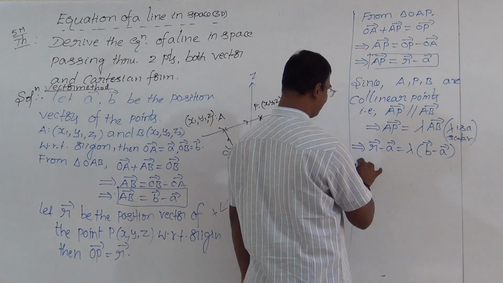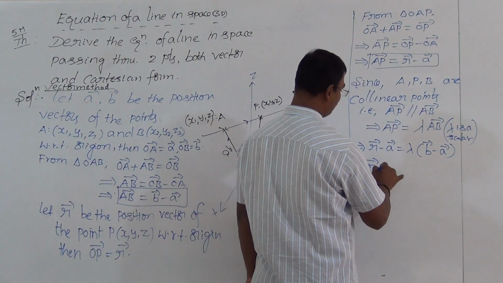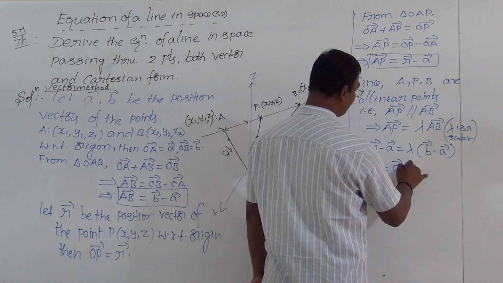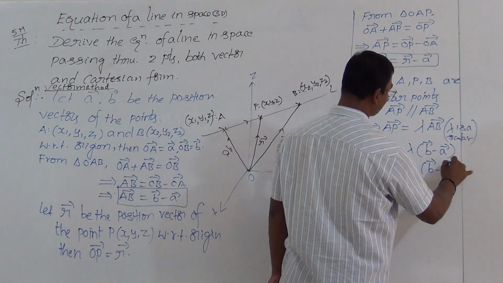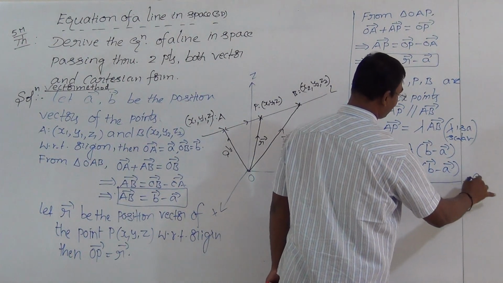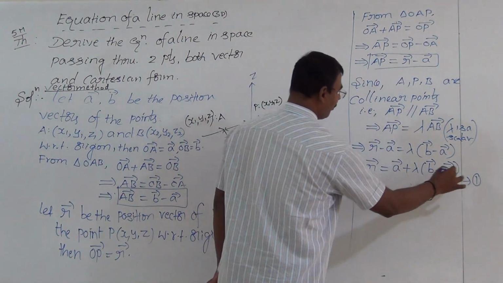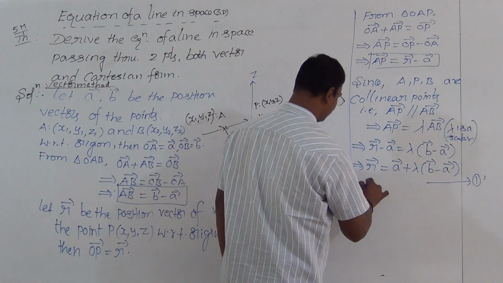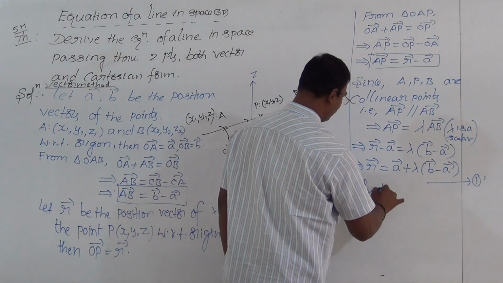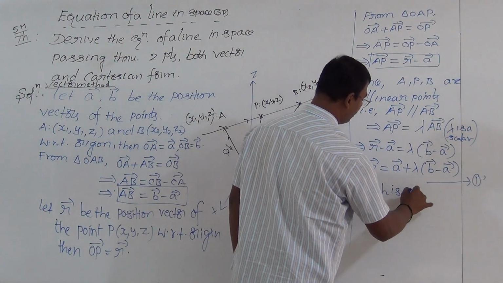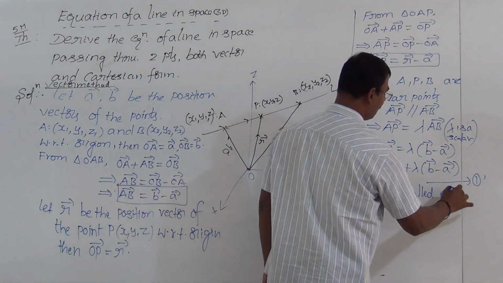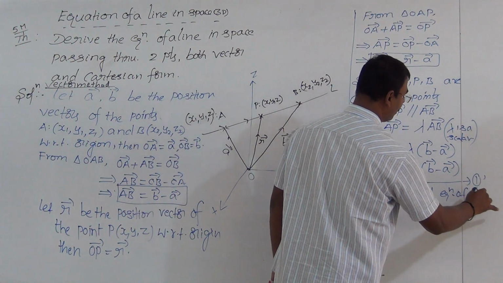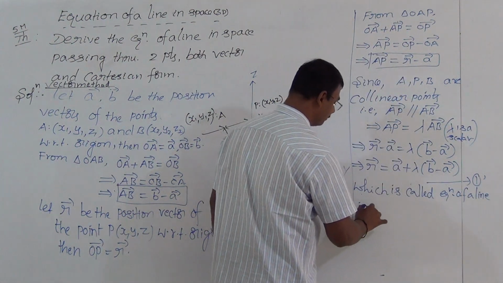This implies R bar is equal to A bar plus lambda times B bar minus A bar. Let us take this as equation 1, which is called the equation of a line in vector form.